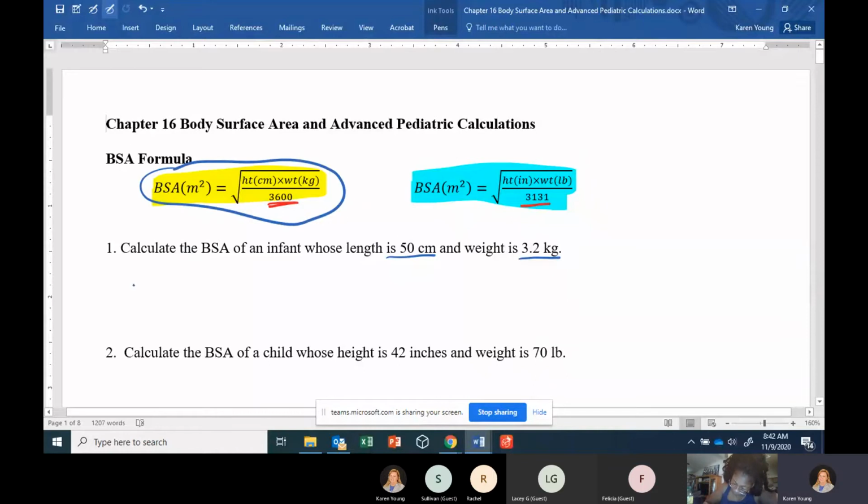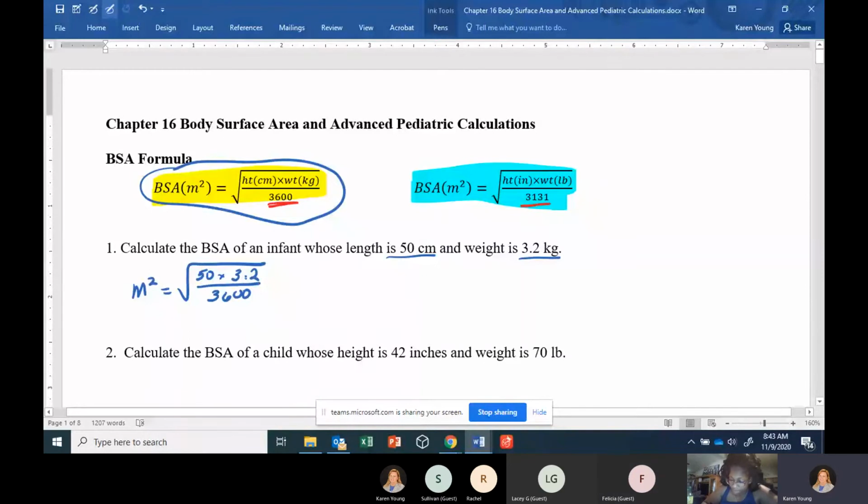So the BSA is meters squared. And I'm going to take the square root of my height in centimeters, which is 50, times my weight in kilograms, in this case 3.2, over the 3,600. Okay, so I'm just plugging in my numbers.